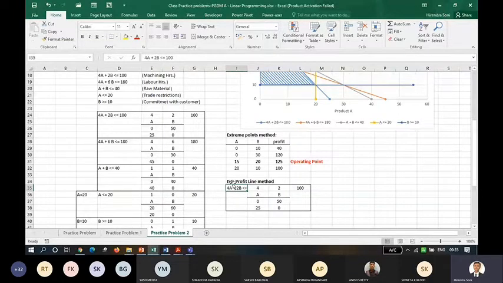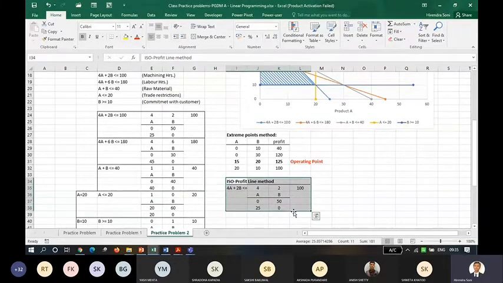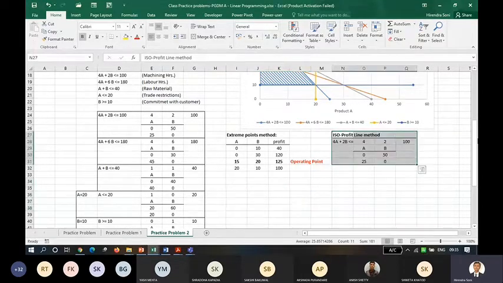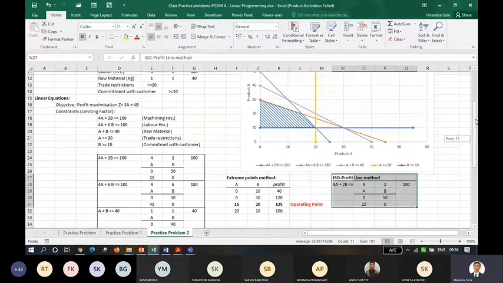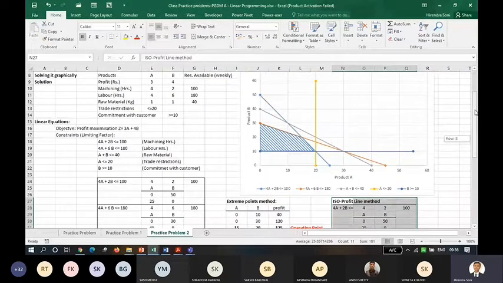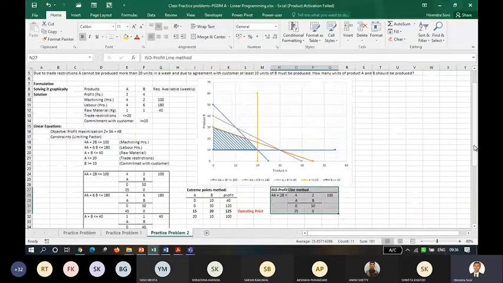Let me just adjust this so that we can see the graph also immediately beside it. I hope this way we will be able to see the graph also. Did it become too small?